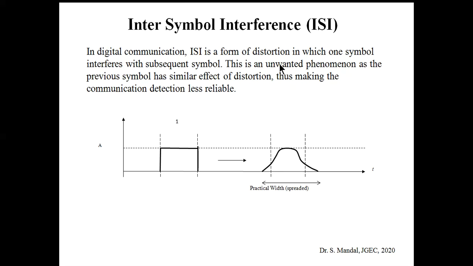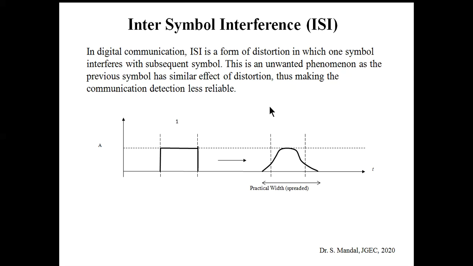Due to this reason, it is possible that two consecutive pulses can overlap with each other, and for this reason the shape of the pulse has been changed. That means there has been some kind of distortion, and this distortion is known as the inter-symbol interference or ISI effect.